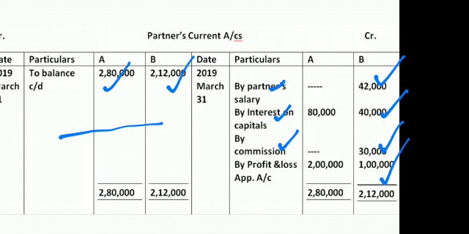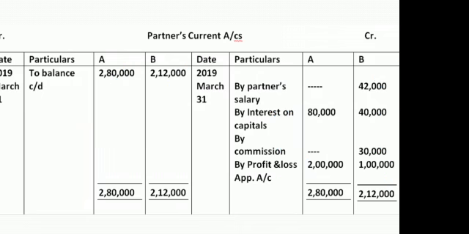We are using here the first method, not the alternative method, which was partner's salary debit to partner's capital, interest on capital debit to partner's capital, commission debit to partner's capital, and for distributable profit, profit and loss appropriation account debit to partner's capital account. This is what we are following here. So the profit and loss appropriation account is coming only for the distributable profit. I hope this is clear to all of you.